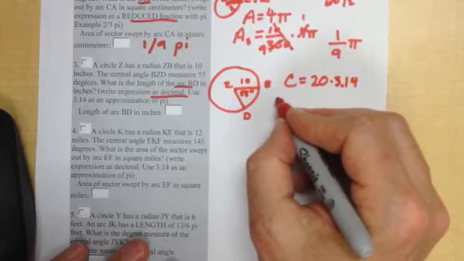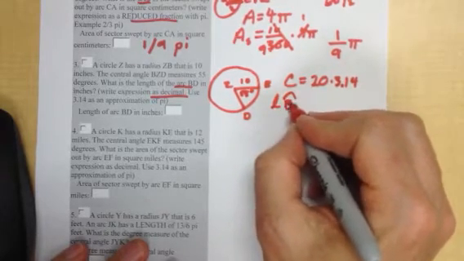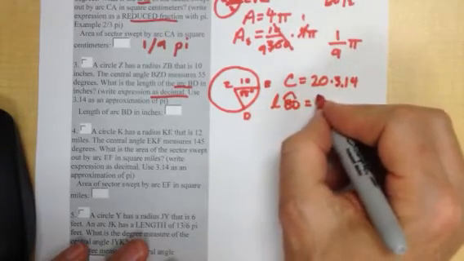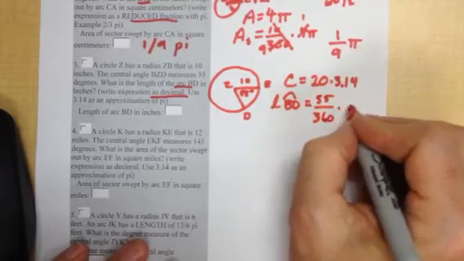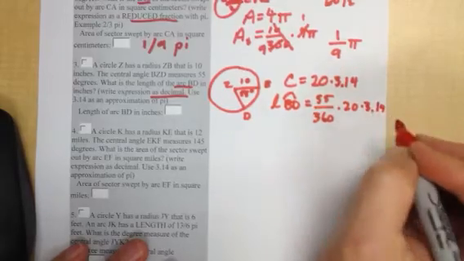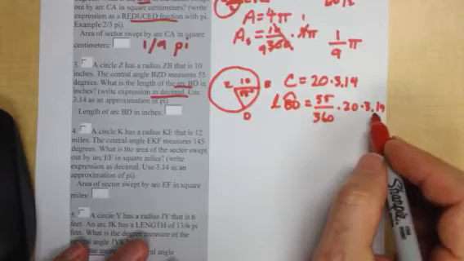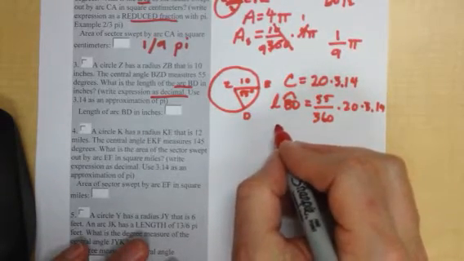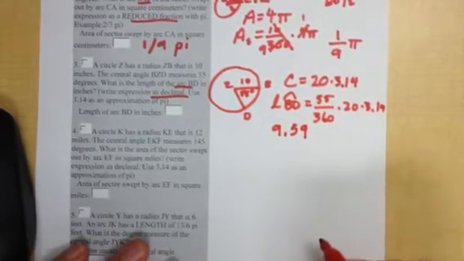I know that the length of BD is equal to 55 over 360 times 20 times 3.14. And I just take out my calculator and I do 55 divided by 360 times 20 times 3.14, and the answer is 9.59.